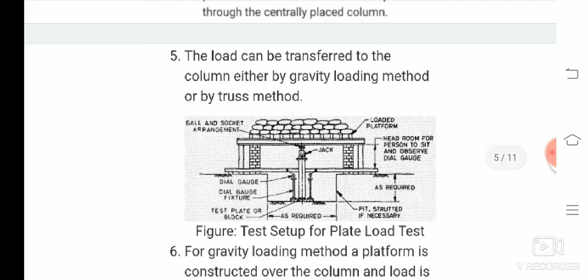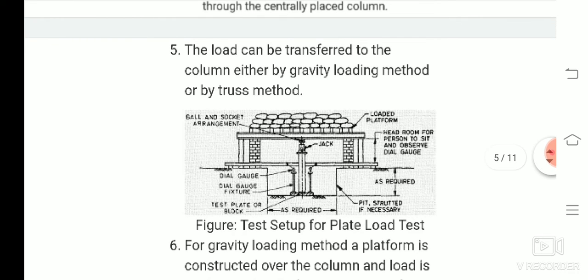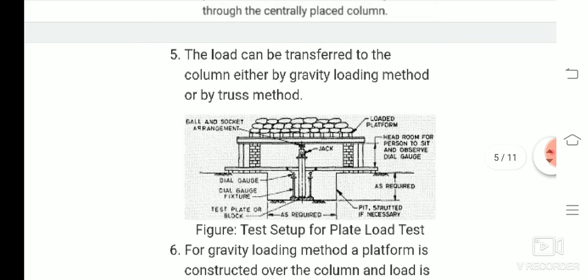Here is the test setup for the plate load test. Here we can see the loading platform, which is attached with a jack and ball and socket arrangement. There we can easily see the dial gauge, the test plate or the block, and the pit.